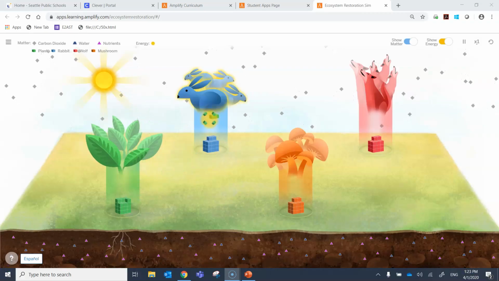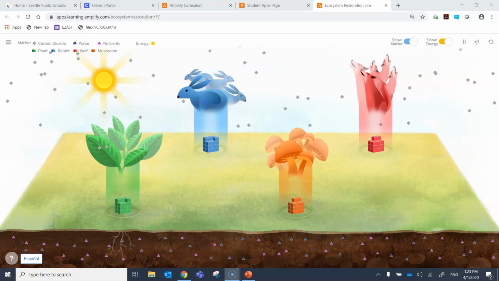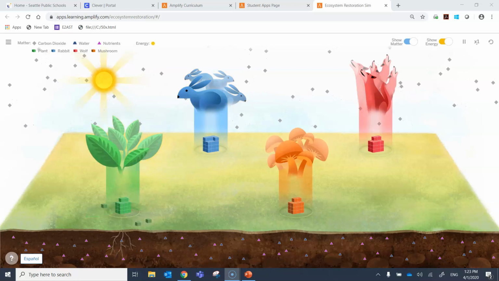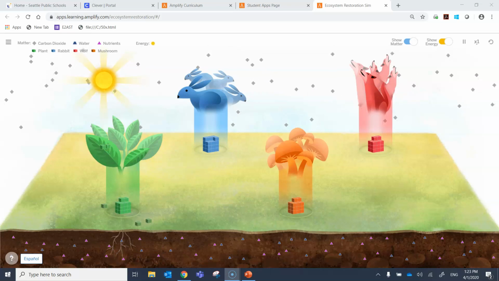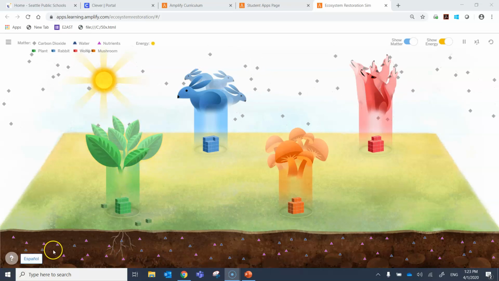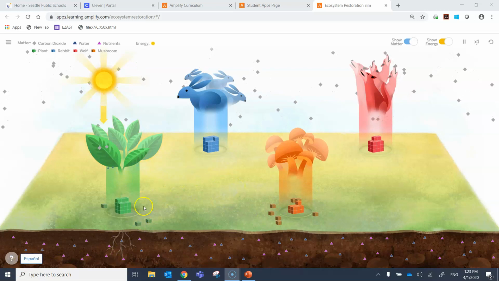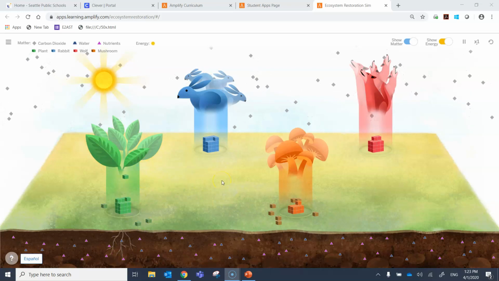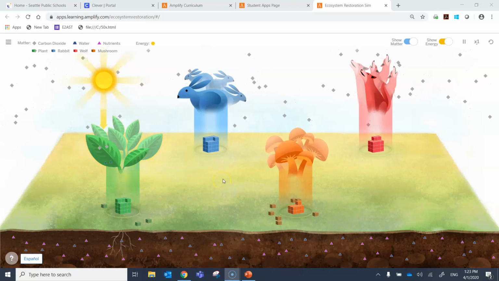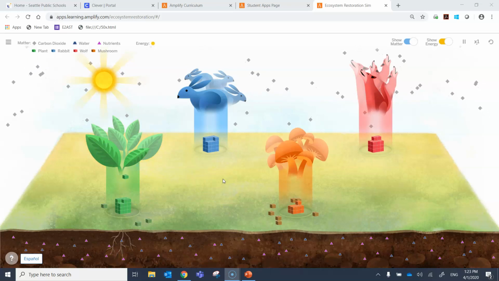Hi, if you're following along on the sim. Otherwise, you have the video running and I'm showing you the sim. Watch what happens to the different piles in each of the organisms in this ecosystem.